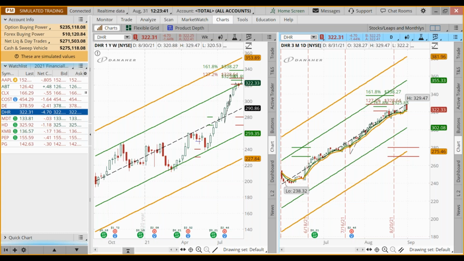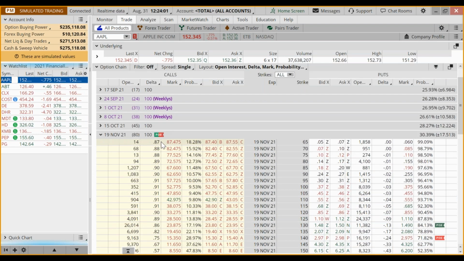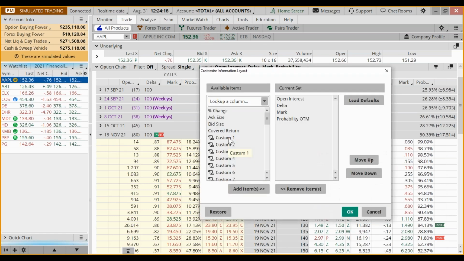Okay, Gary says, can you show us the trade volumes again, for the verticals, especially on the put vertical side? Let's go back to Apple. If you click here, you can customize this, and you can get in here and look at trade volumes.